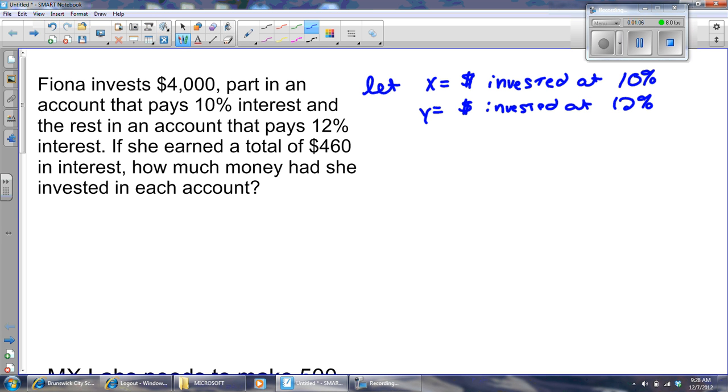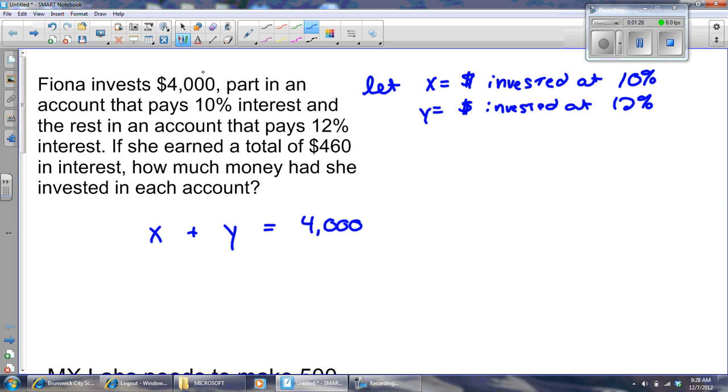I might use a different approach on this one, but that's okay. Let's go ahead and do it. So I should have my first equation: x dollars plus y dollars invested, and that's going to equal a total of $4,000.